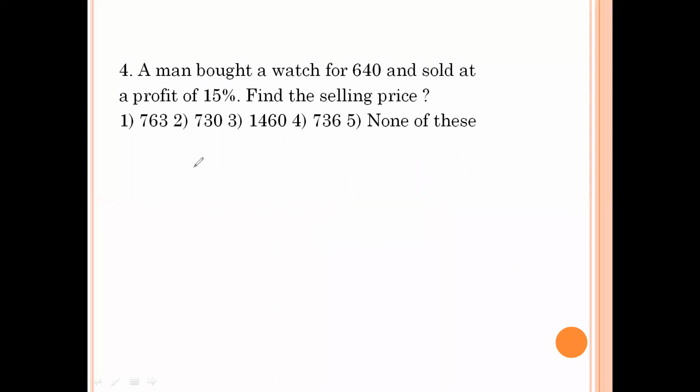Next one. A man bought a watch for 640 and sold it at a profit of 15%. Find the selling price. Bought a watch for 640 means this is the cost price. Sold at a profit, the profit percentage is given. Now find the selling price. Selling price equals cost price into 100 plus profit percentage divided by 100.